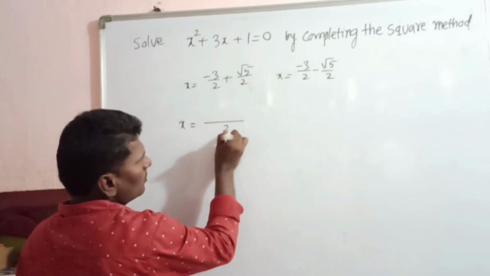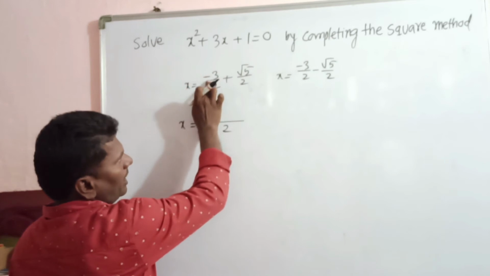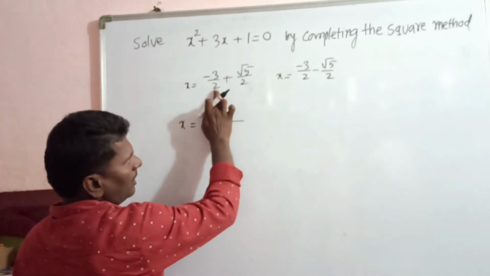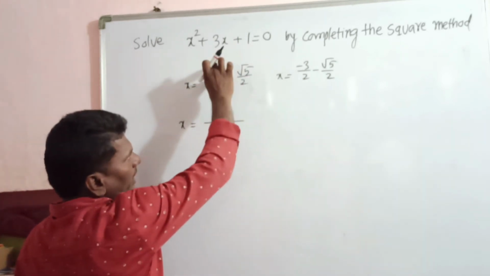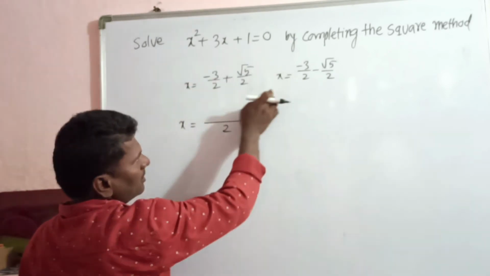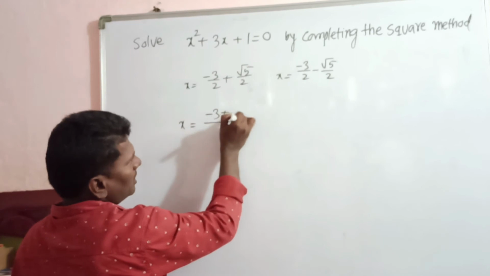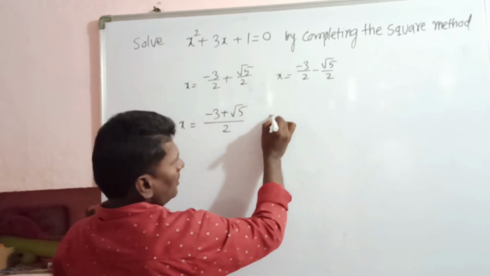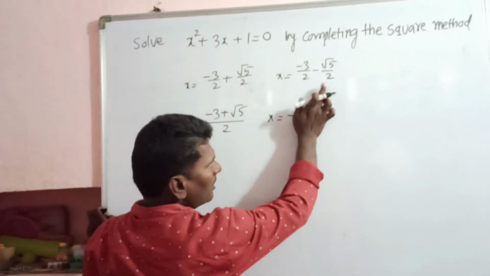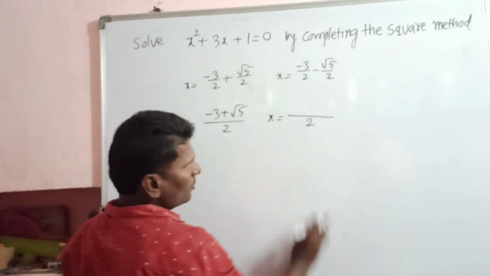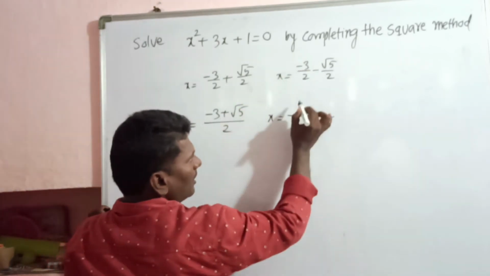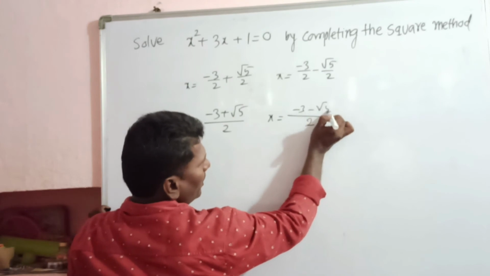So LCM is 2. Write minus 3 plus root 5. When denominators are same, we write just numerators, put plus between them. So minus 3 plus root 5. x is equal to, here also denominators are same. So I am taking 2 as LCM. Remaining terms minus 3 minus root 5.